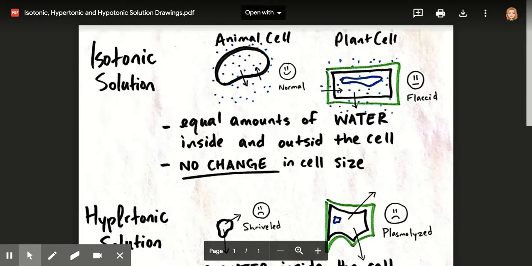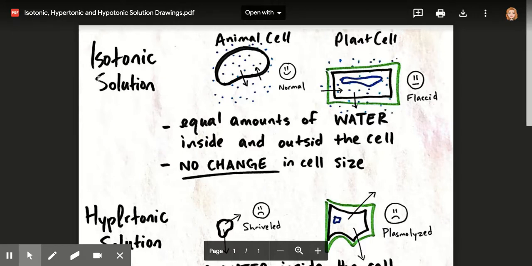If you recall, osmosis is the diffusion or movement of water down a concentration gradient, from an area of high concentration to an area of low concentration. This process requires no energy.